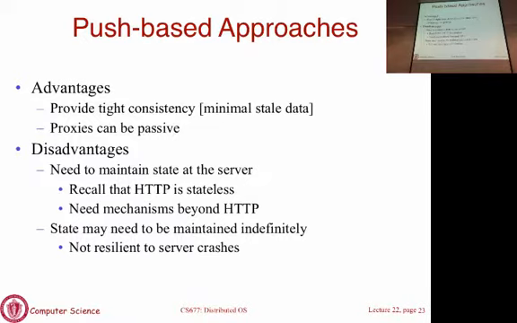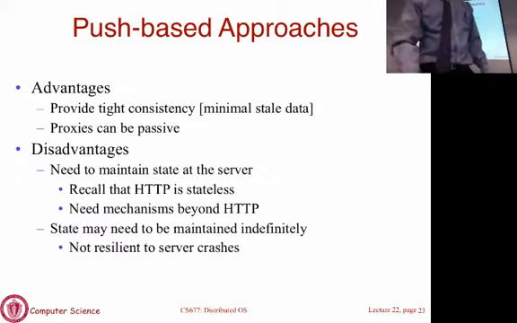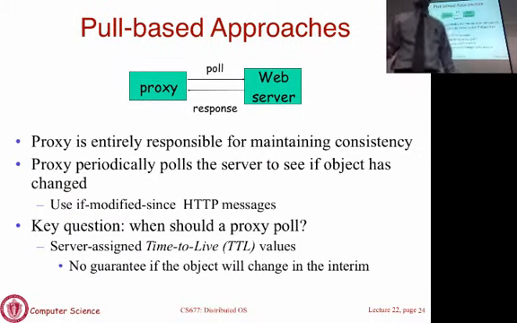Clearly you don't want to do this in any practical implementation, but the pure server push approach requires state to be maintained indefinitely. Once some proxy has accessed the page, you have to send either invalidates or updates from that point on. So the state is only going to keep growing, never shrink, and that's not going to scale at all. We'll see how to address that in just a couple of slides. First we are going to do pull, and then we'll see how to address all the disadvantages.